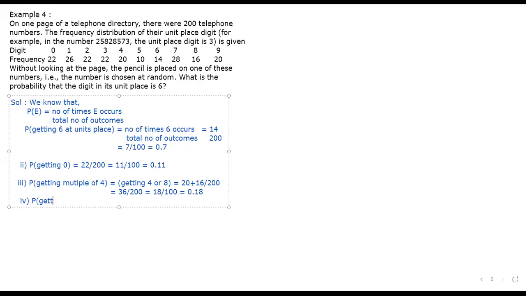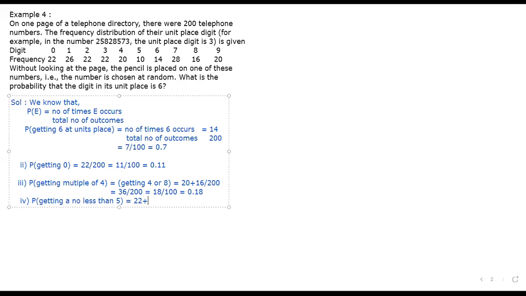P of getting a number less than 5. Which are the numbers less than 5? 0, 1, 2, 3 and 4.